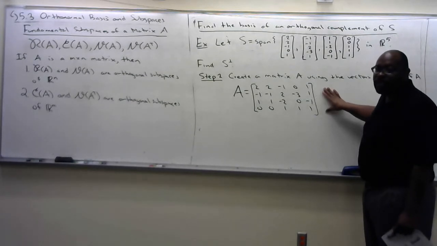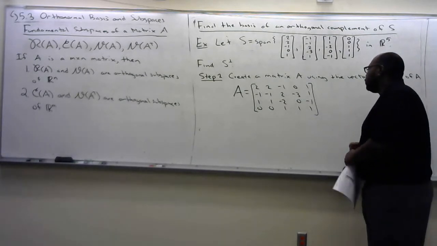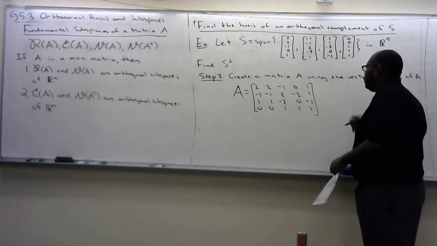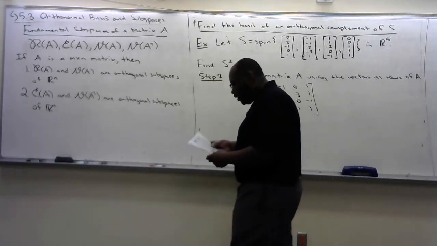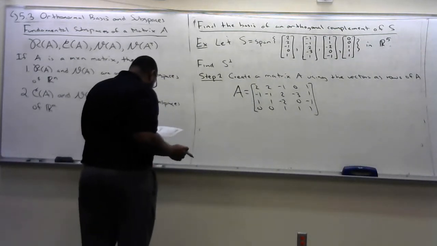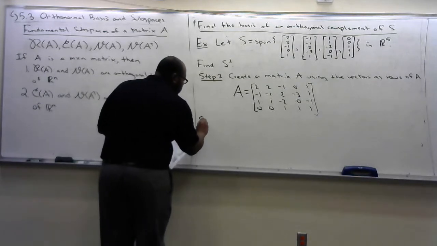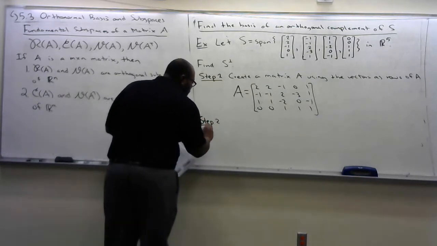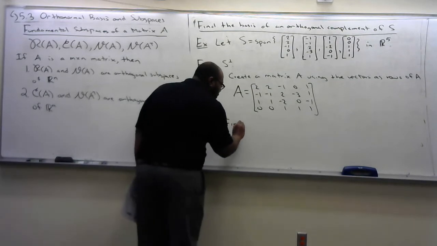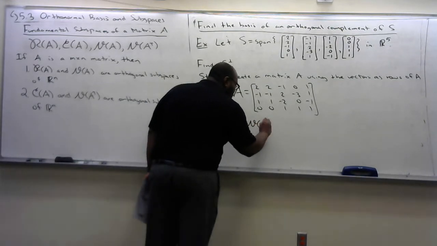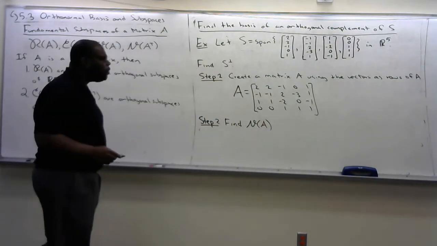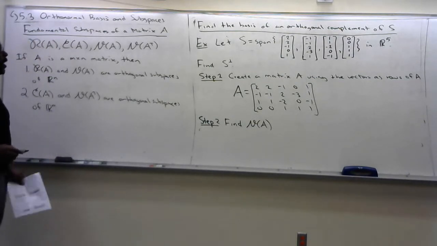It's orthogonal to the null space of A. So step 2, I'm going to find the null space of A, because the null space of A is orthogonal to the row space of A.